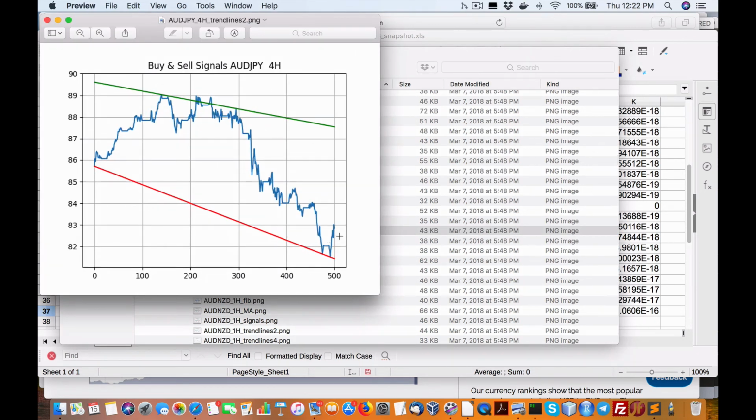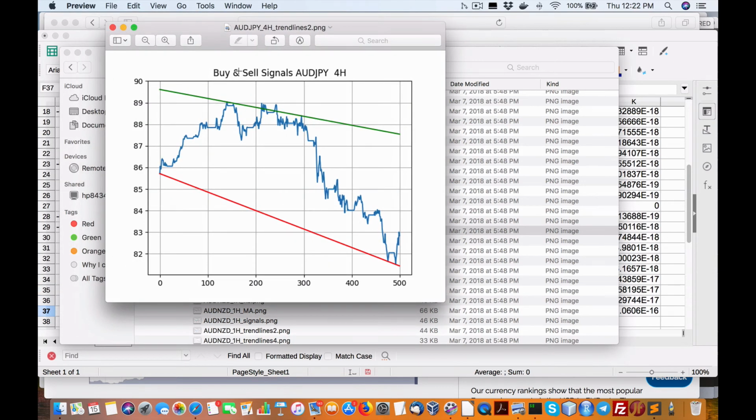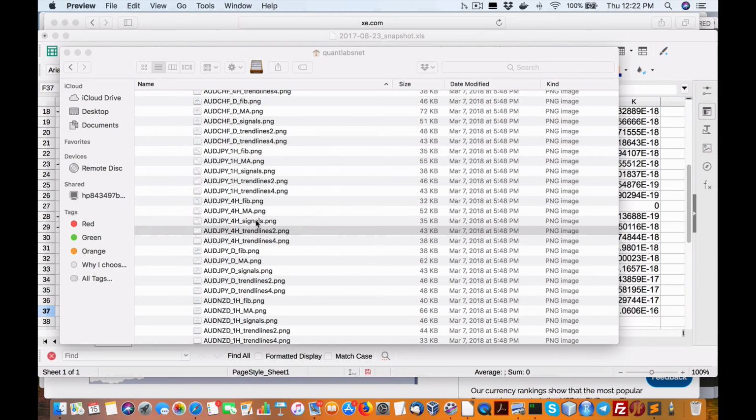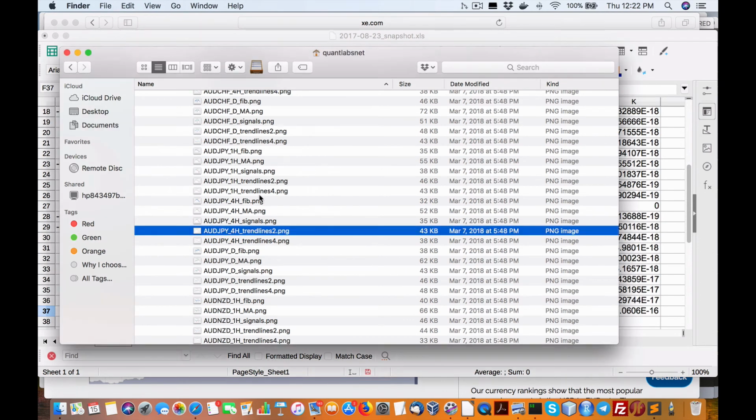So it's been bouncing back. So what does this mean? Does that mean that this is a long-term trend? Well, let's check out the 4 hour. Oh, that is a 4 hour. I'm sorry.